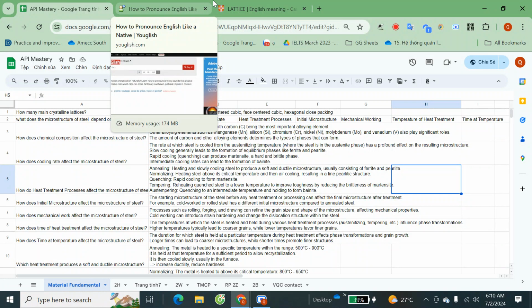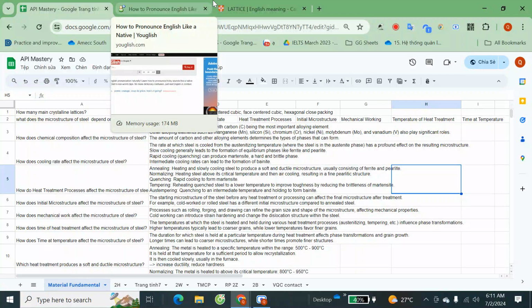How does time of heat treatment affect the microstructure of steel? The temperatures at which the steel is heated and held during various heat treatment processes influence phase transformations.